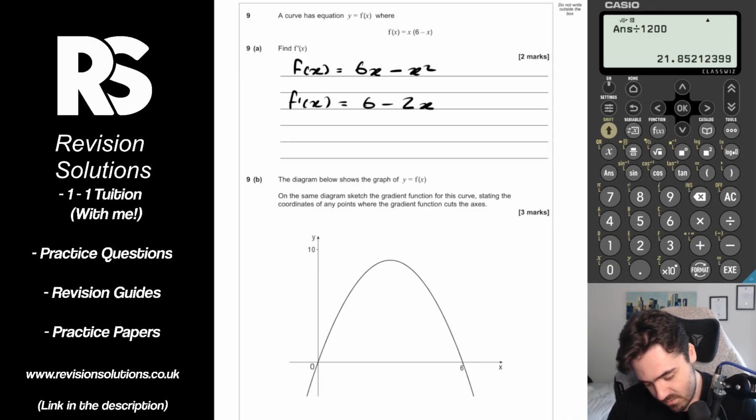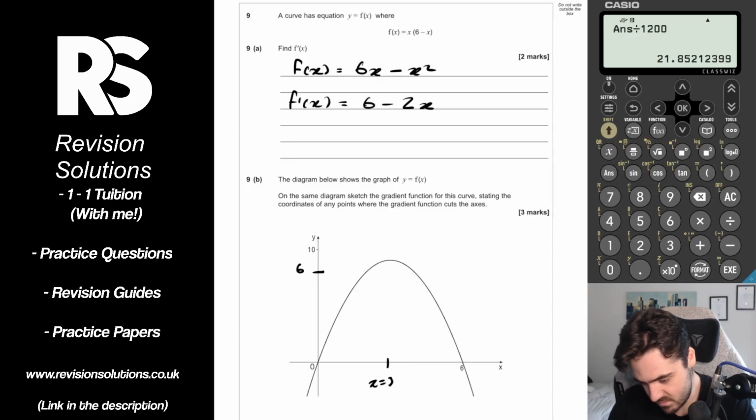It's going to cut the y-axis at 6, and it's going to cut the x-axis when we set this to 0, which is when x equals 3. That would be here, which notably is directly in line with the maximum point, because that's where the gradient of our quadratic is 0. That makes good sense. And then we can just draw in our straight line between those 2 points.